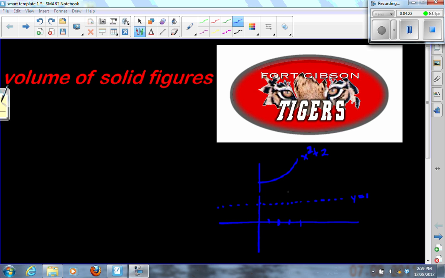So let's say this is my function, x squared plus 2. So take your regular parabola, shift up 2 units, and let's say your axis of revolution is not the x-axis anymore, but now it's some other horizontal line. So we're still going to rotate this shape. So now we're going to get some figure that would look like this.